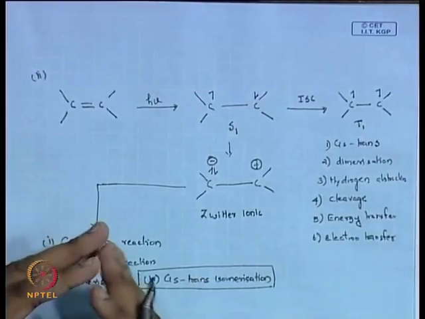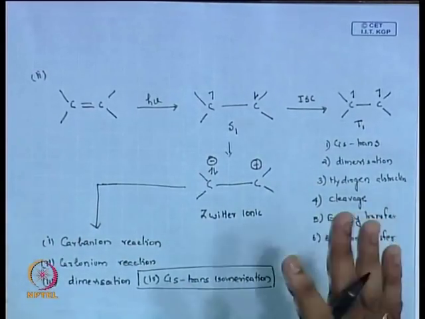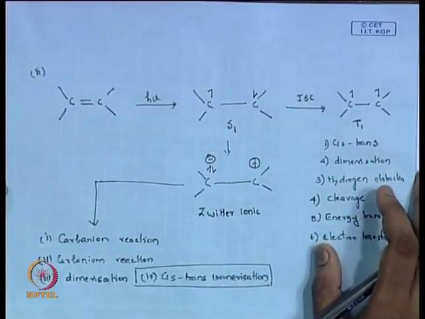But anyhow, this is not going to happen most of the time. Okay, these are reactions which you should know. We will come down and sort out which reactions are dominantly going to happen when you do alkene chemistry. But these are the reactions you should know that can happen.